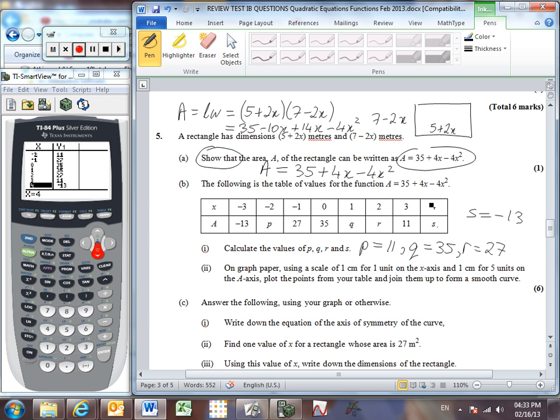Furthermore, it says that in the a-axis, which is our vertical axis in this case, 1 centimeter represents 5 units. Now I'm going all the way from -13 up to +35. So +35, well that's 7 times 5, so that's going to be 7 centimeters because each centimeter is worth 5 units.